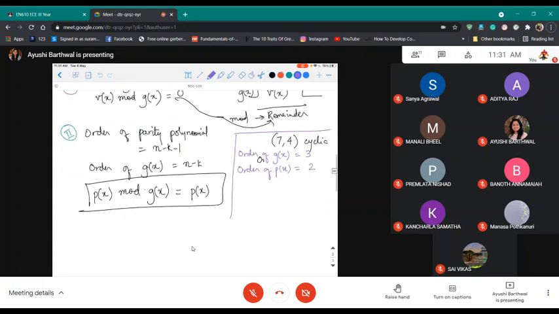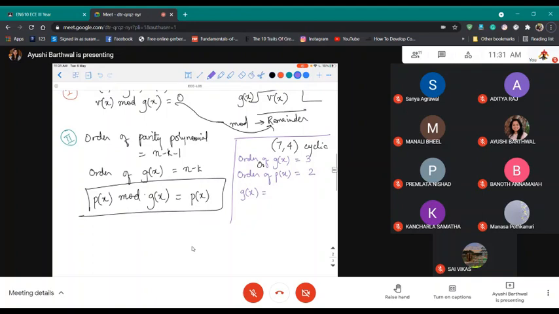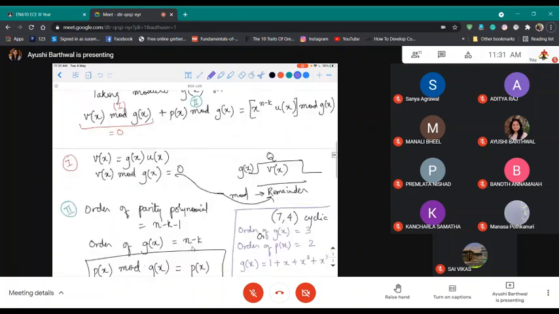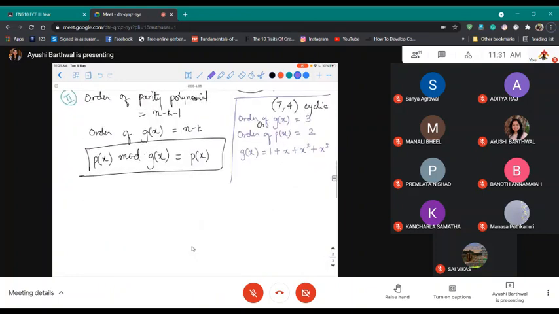Let's take g(x), since its degree is 3, as 1 plus x square plus x cube. And similarly p(x) will be of order 2, so let's take that as 1 plus x square. This is the simplest thing that we can assume.